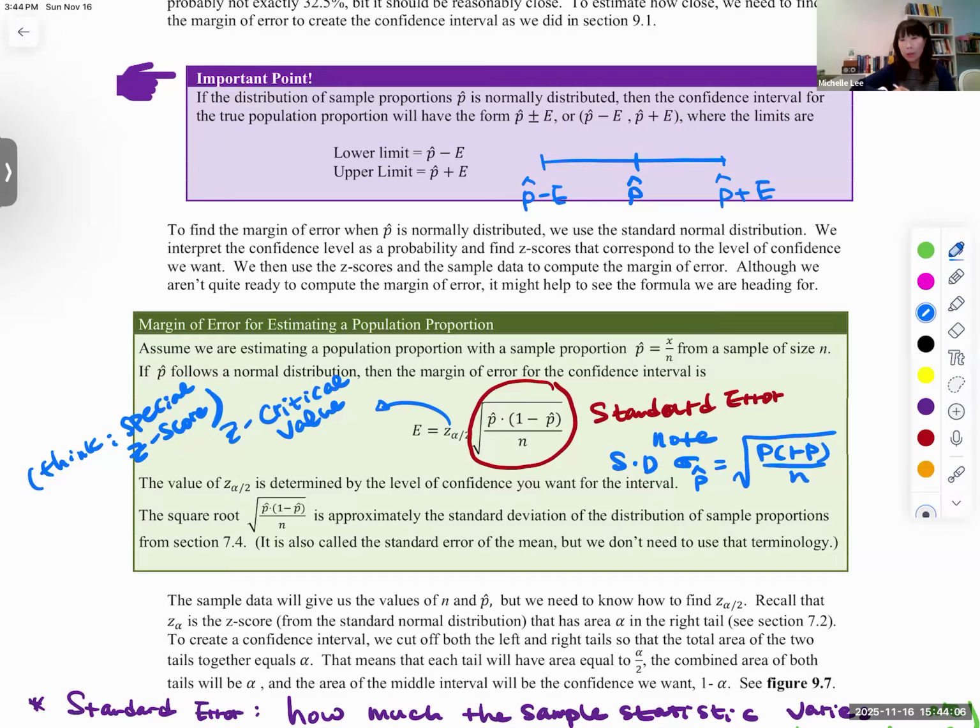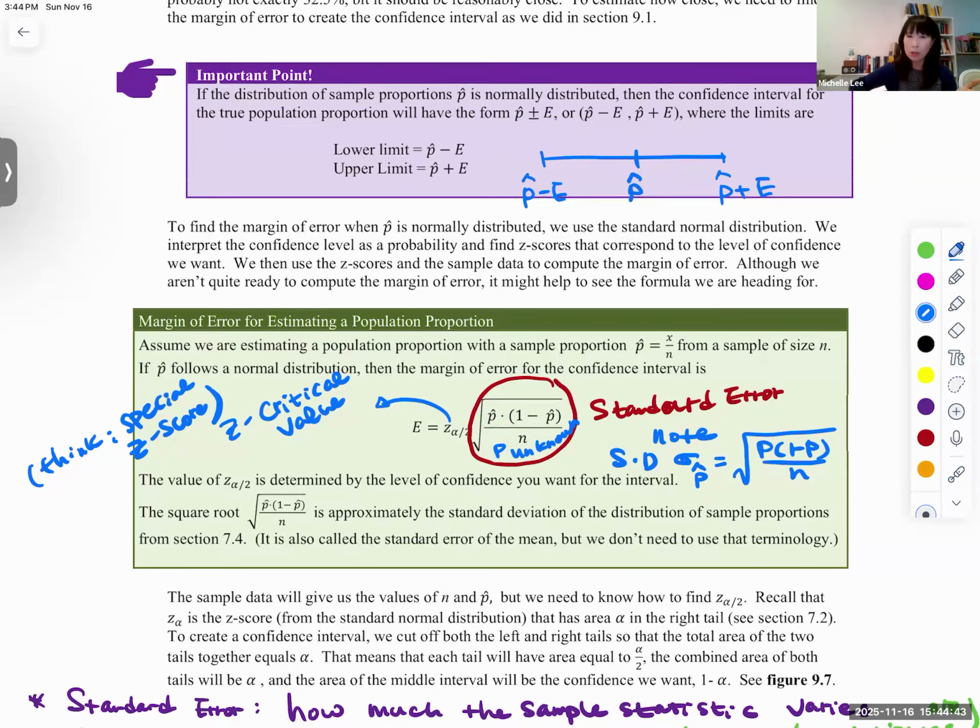But if we don't know p, the population proportion, we can use p hat: the square root of p hat times 1 minus p hat over n. When p is unknown, we call this the standard error, not the standard deviation.